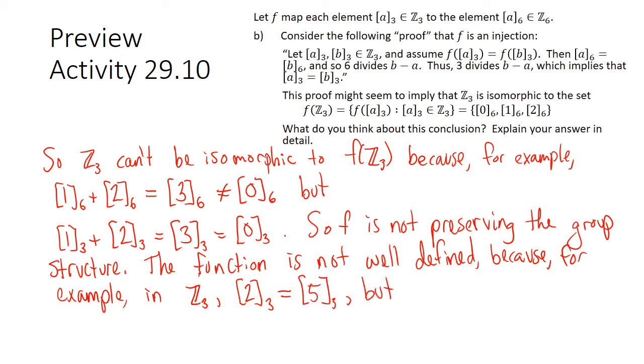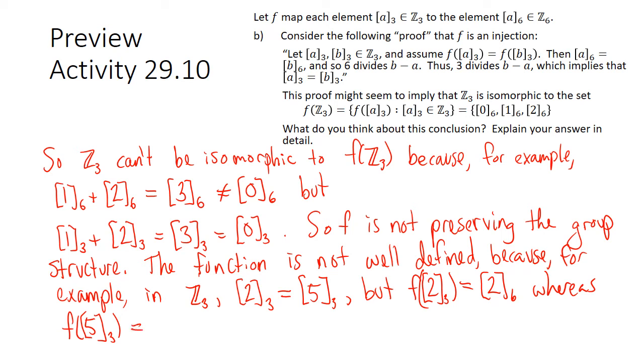But f of 2 would be 2 mod 6, whereas f of 5 mod 3 would be 5 as well, according to the way we've defined the function. But we can't have the same element mapped to two different elements.